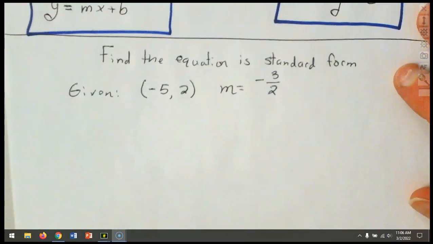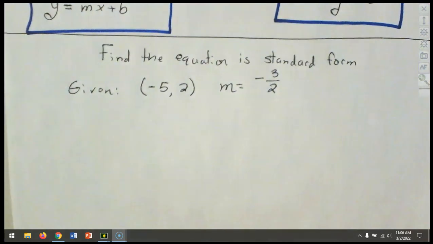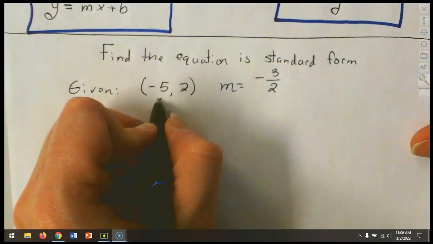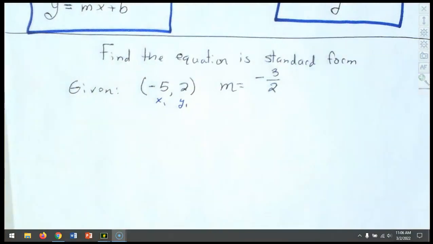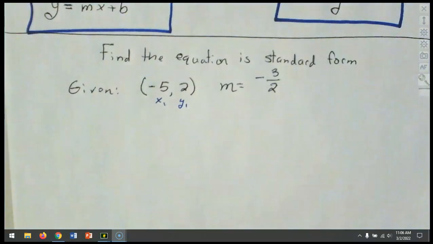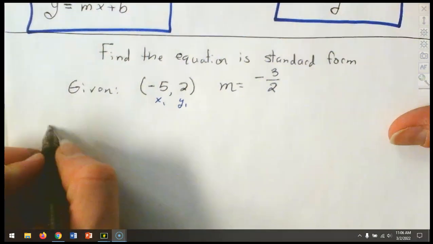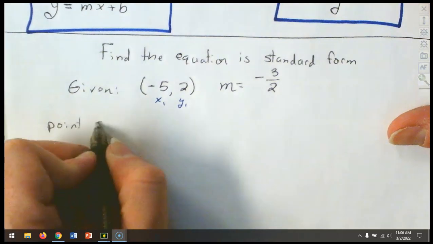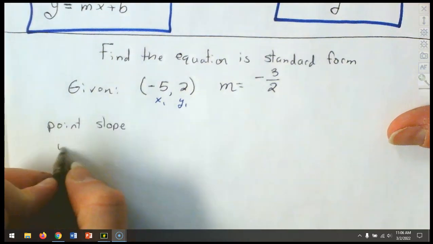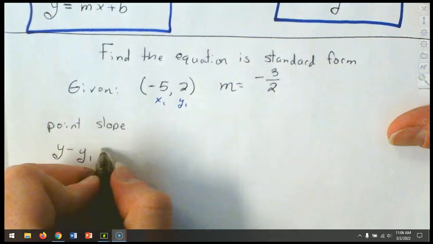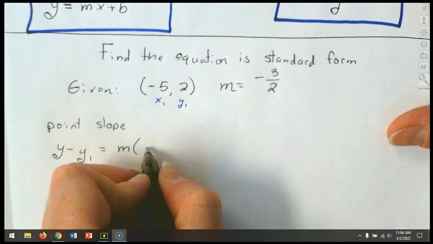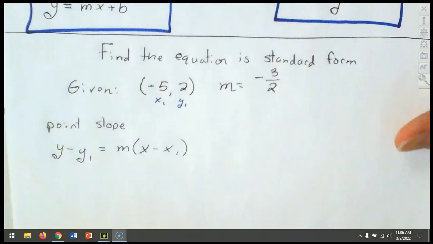So we take our ordered pair and we label it. We label it the same way that we labeled them when they went in the midpoint formula or they went in the slope formula. So x1 and y1. Again, I always like to write out my formula so I can reference it. Go ahead and write up your point-slope formula, which is y minus y1 equals m times x minus x1.